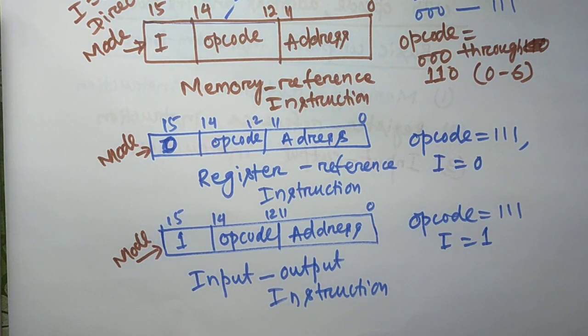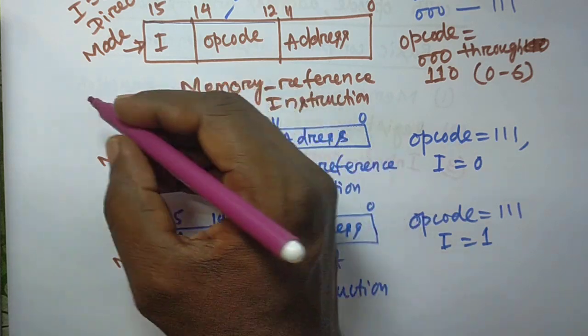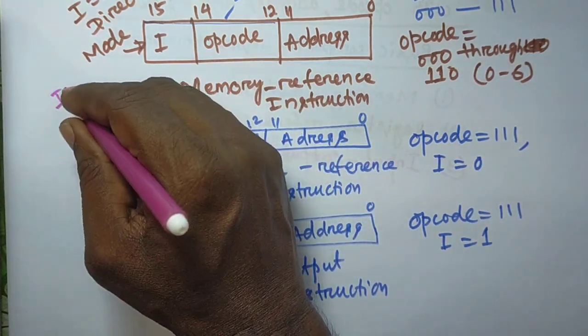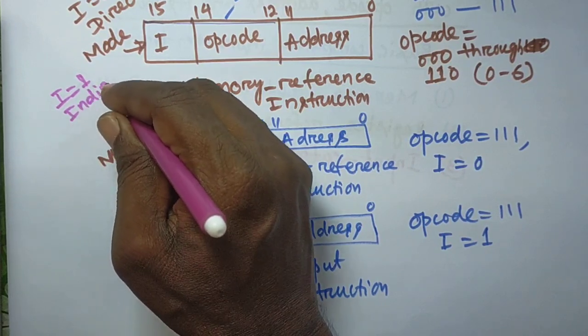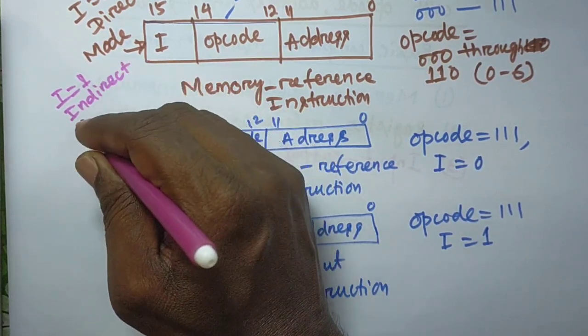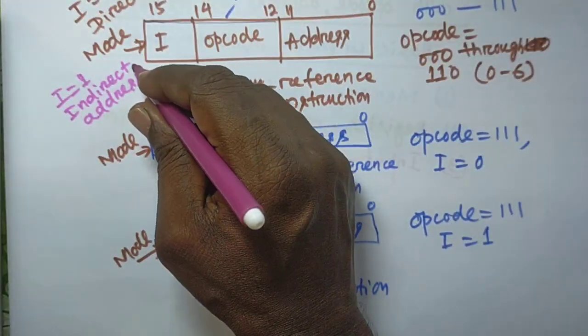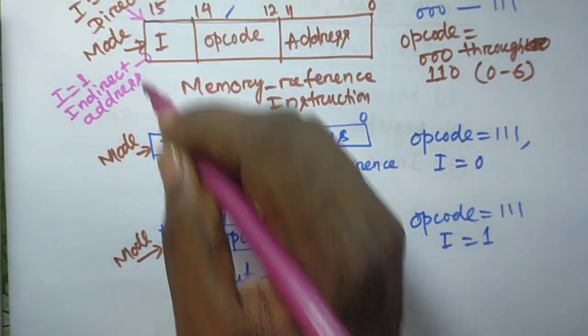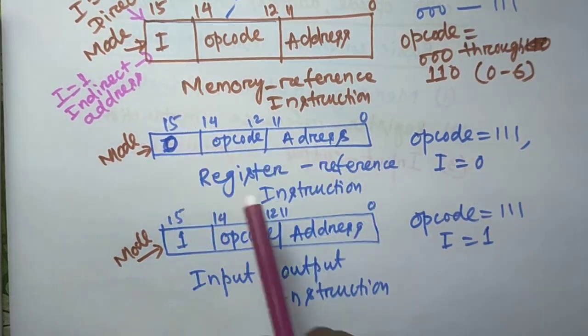If I is equal to 1, then it is an indirect address. Both are memory reference. How do we define memory reference?